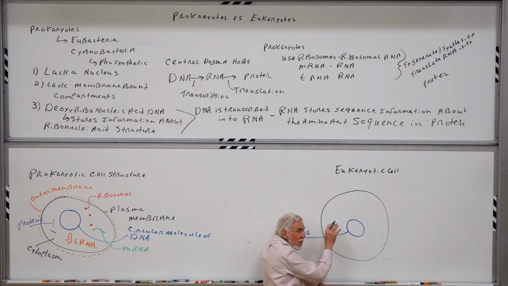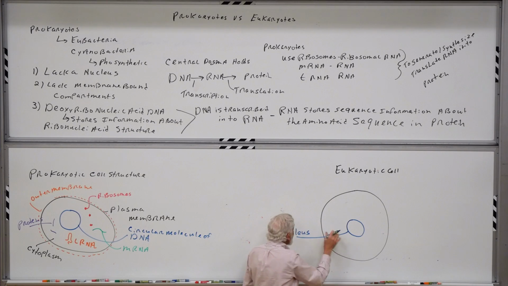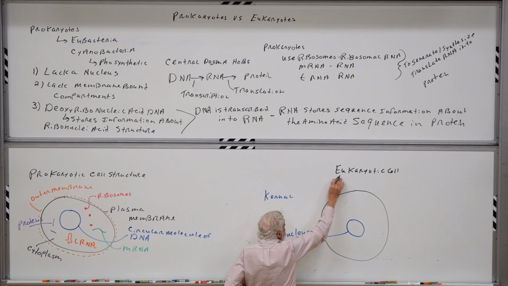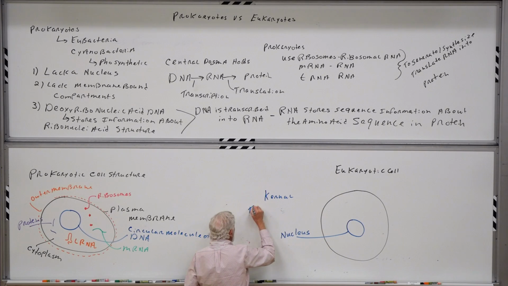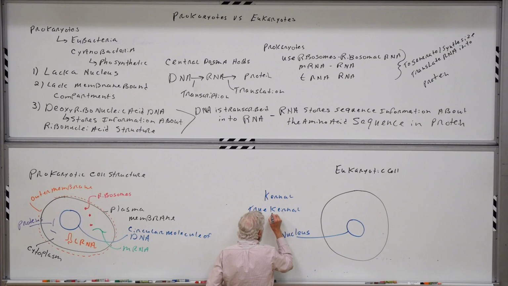He recognized that there was this structure inside many cells, which was this lump, and he thought of it as a kernel. And so this term eukaryotic means true kernel. But the kernel is, in fact, in biology, the nucleus.